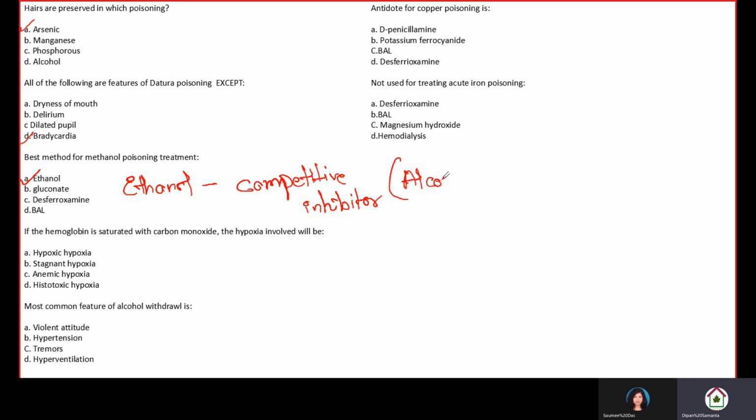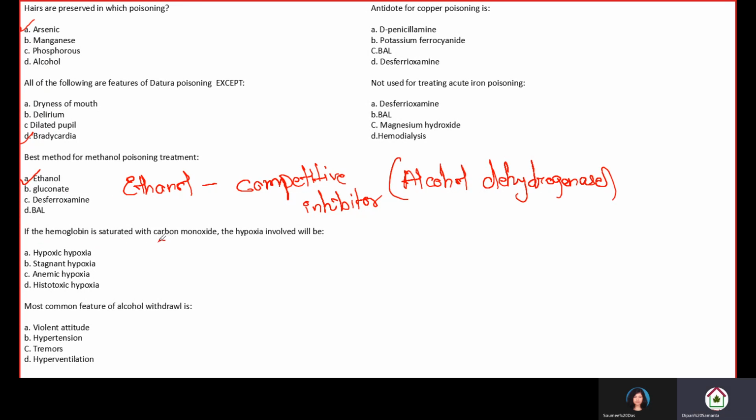Alcohol dehydrogenase. It impairs the metabolism of methanol and ethylene glycol. Otherwise, alcohol dehydrogenase will be used in the metabolism of methanol, and vitamin B12 gets exhausted in the process. So ethanol is given to counteract methanol poisoning.